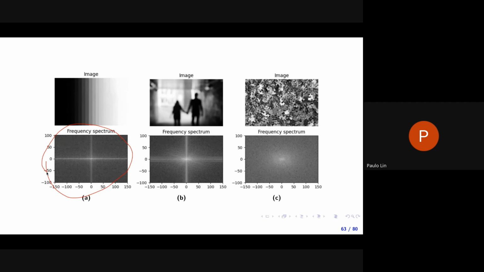The frequency spectrum represents the magnitude of the frequency components, and the pixels close to the origin represent low frequency components. This is the origin, and all the components close to the origin are regarded as low frequency components. As we move far from the origin, we see high frequency components. For instance, if we analyze this part of the spectrum, we are analyzing a high frequency component.